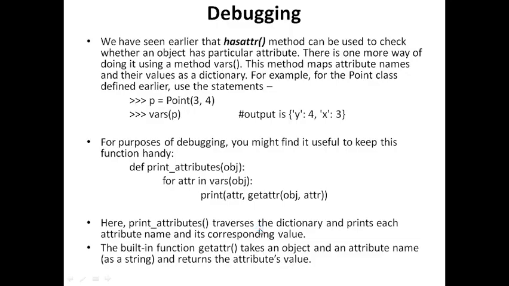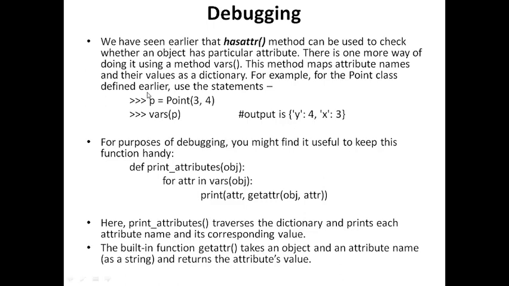Then the last, we'll see some debugging things here. We have seen in the earlier videos also, the hasattr method can be used to check whether an object has a particular attribute or not. There is one more way of doing it, that is using vars.